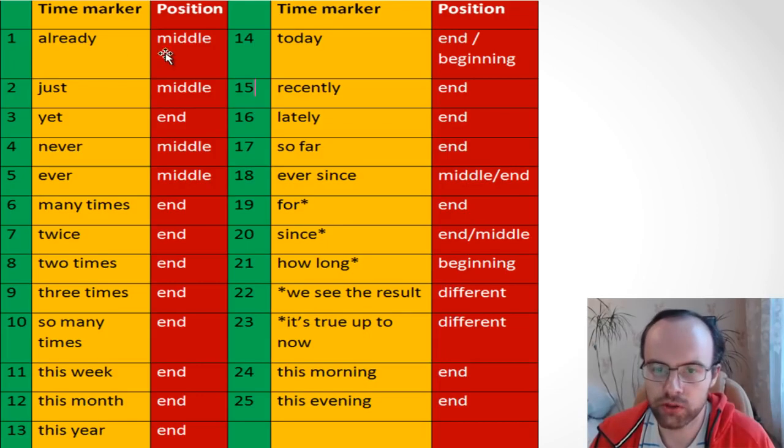So we put already in the middle. So you see the subject, then the time marker, and then the position: in the beginning, in the middle, or in the end. It's very important to know the position of these words to speak English correctly, okay? So with already you need to use present perfect. For example, I have already been there.